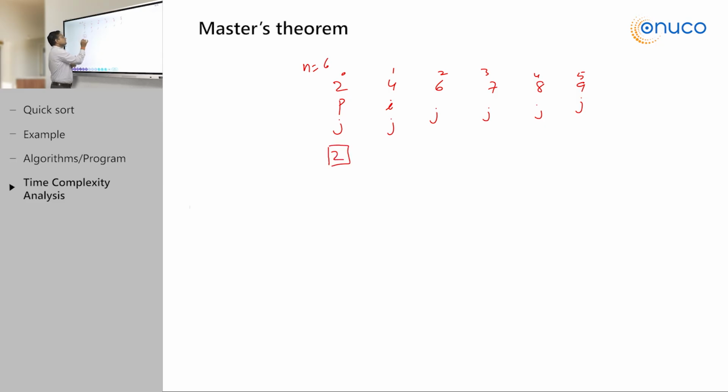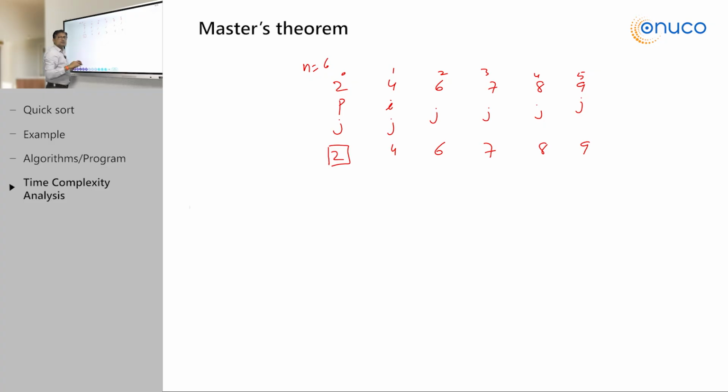Hence this work is completed, and the rest of the elements are in one array. Then again you perform the task. 2 is sorted and divides the array into two parts, right array and left array. Do you have any elements on the left-hand side? No. All the elements are on the right-hand side.